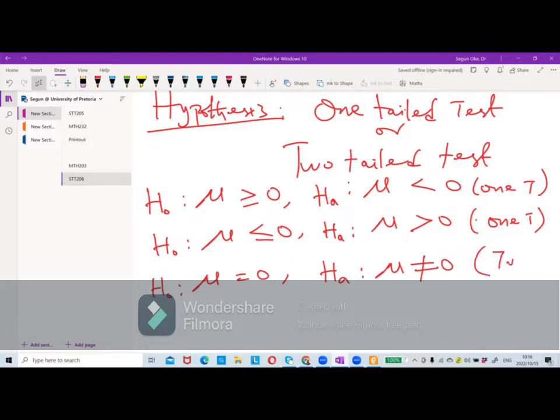At this point, we have a two-tail test. Please take note of that too. So let me number it: Roman figure 1, Roman figure 2, and Roman figure 3.